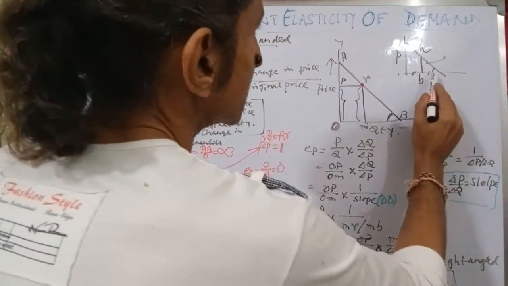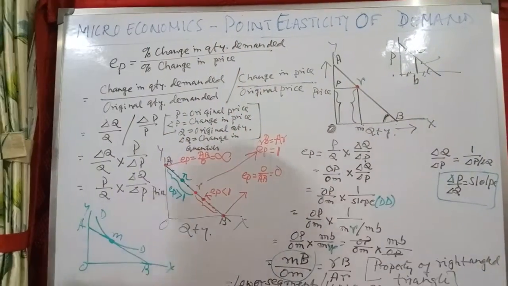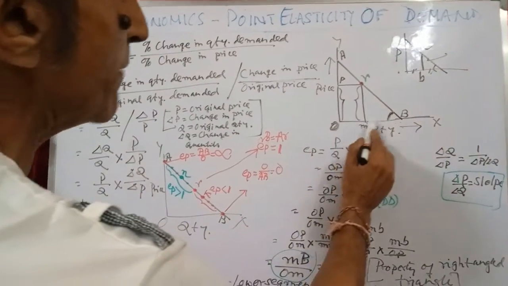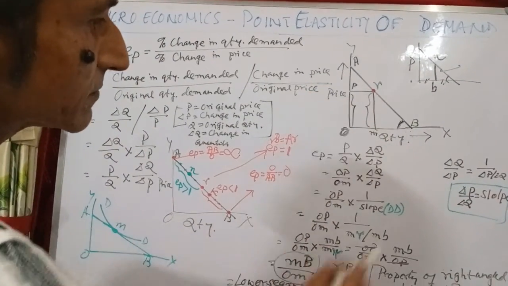This means this divided by this equals this divided by this. Therefore, MB by OM equals RB by AR.